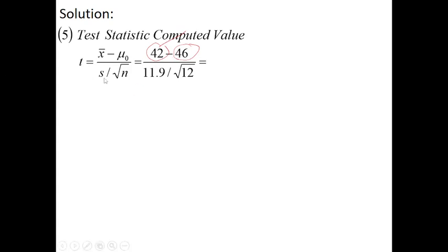So in here, we shall use the standard deviation of the sample, no? Which is 11.9 kilowatt hour per year. Then we divide by the square root of those 12 homes.